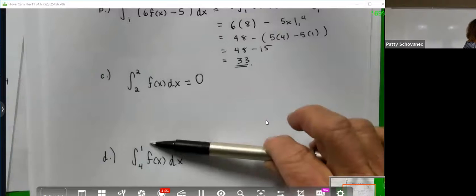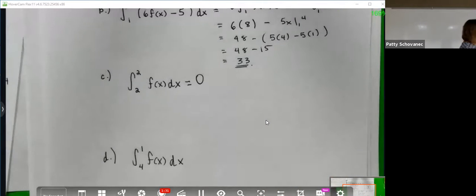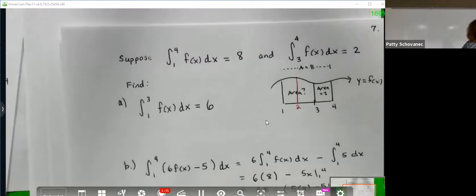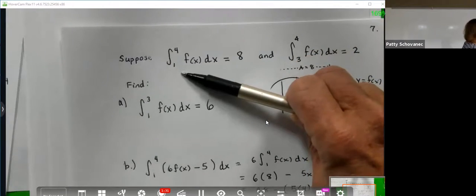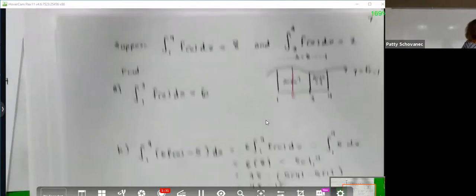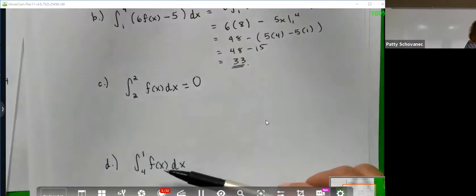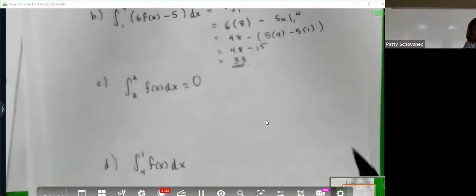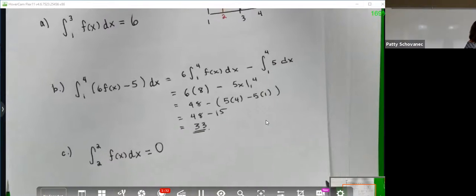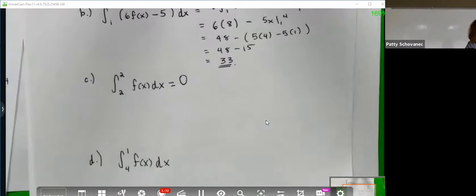The numbers here were the a and the b, and the delta x was the difference between b and a. So in this case, my delta x would be 4 minus 1 divided by n. And here it would be 1 minus 4 divided by n. Everything else that happens inside acts the same way. So doesn't it make sense that this integral and this integral have the same value, but opposite in sign?